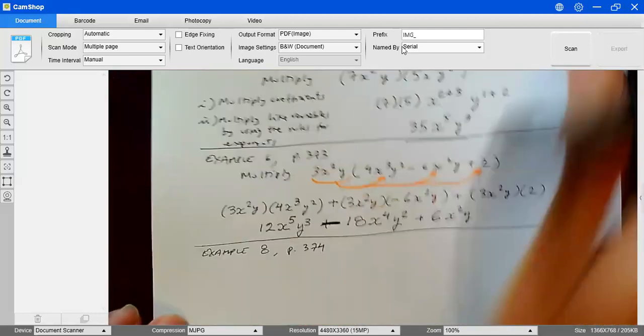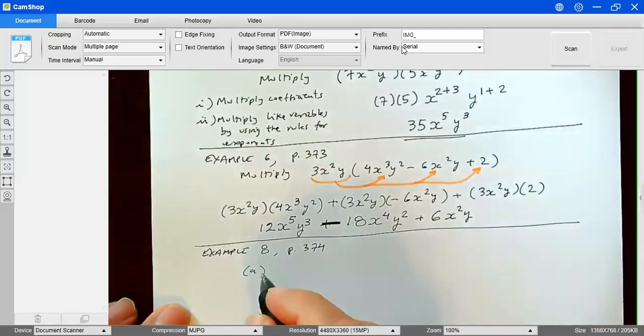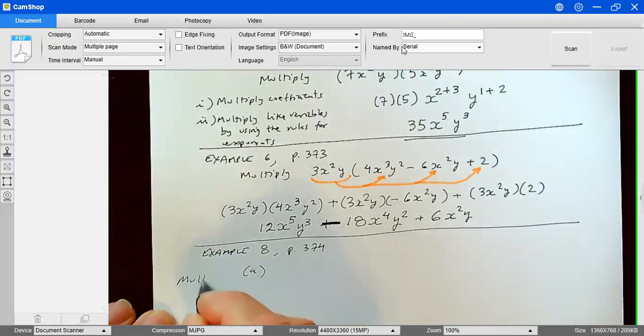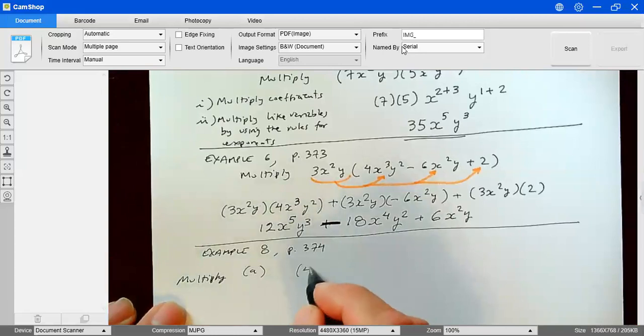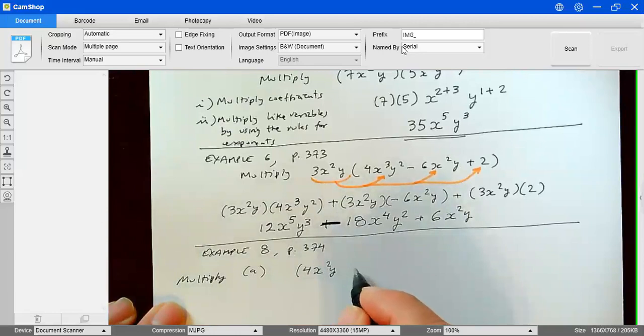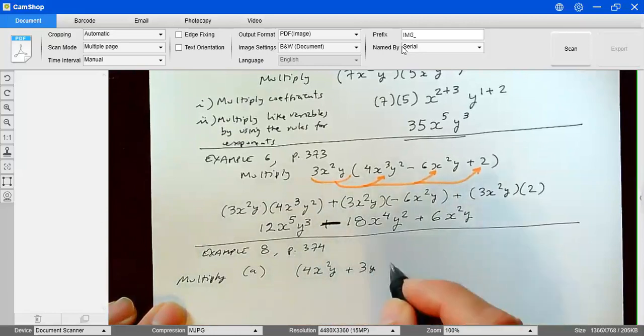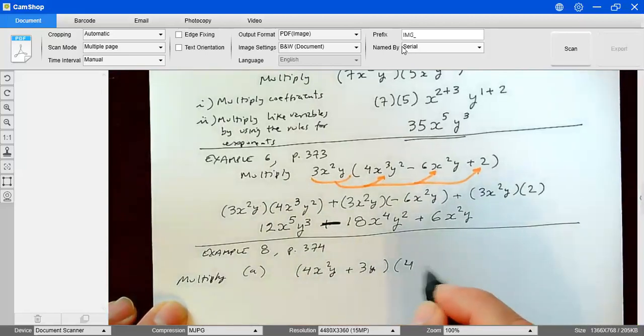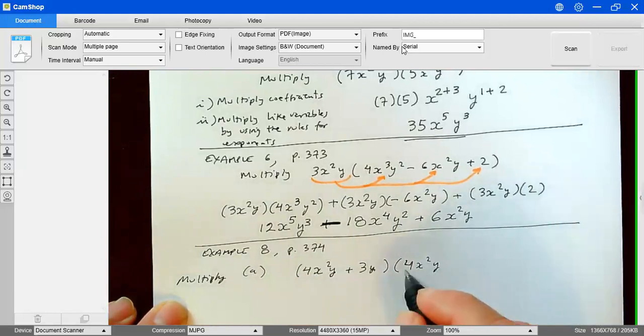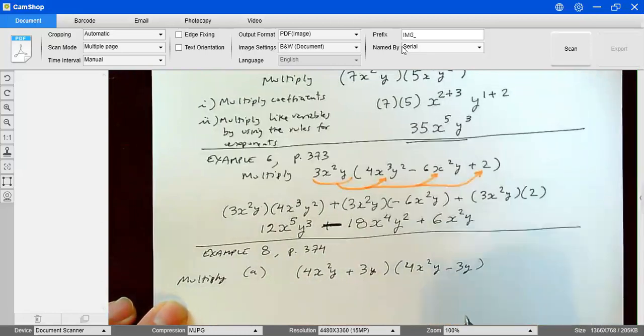So we're going to start with the first case. We're going to multiply. In the first case, we have just 4x squared y plus 3y, and this is multiplied by 4x squared y minus 3y.